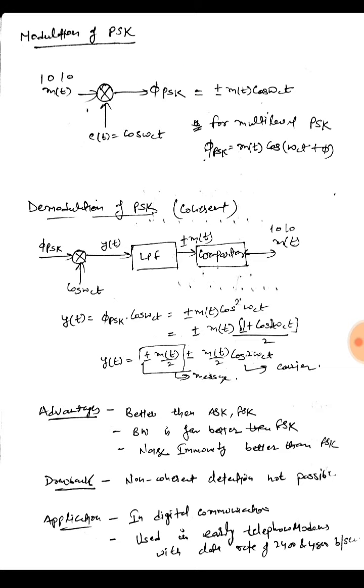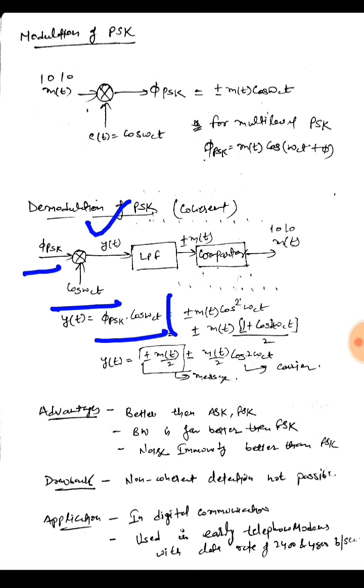So this is the demodulation. Non-coherent demodulation is not possible in PSK, so we have only coherent detection in this case. The PSK modulated wave and the carrier signal generated from a local oscillator are fed to the multiplier, which would produce y(t). So y(t) would be the PSK signal into cos omega_c t.